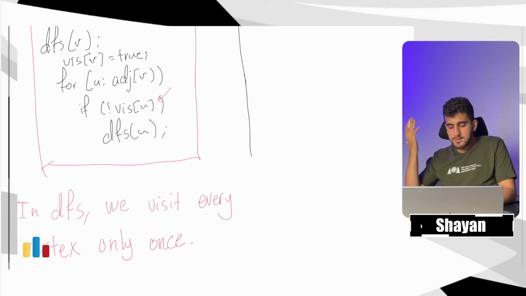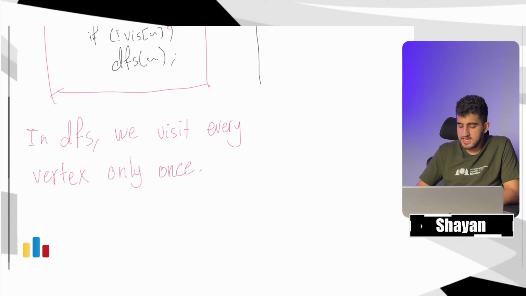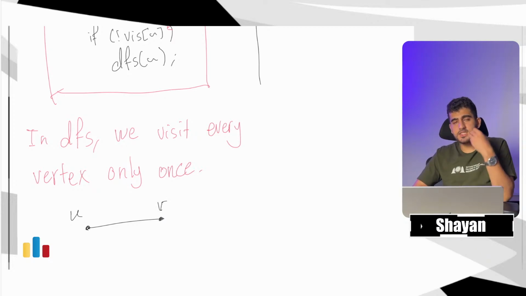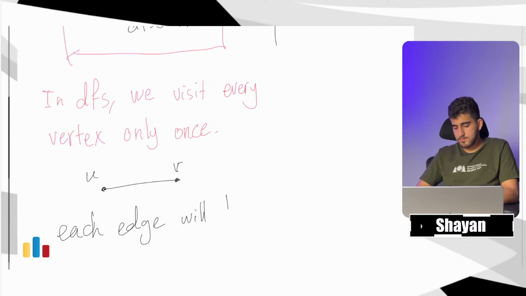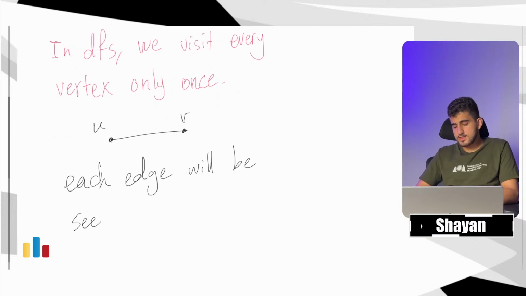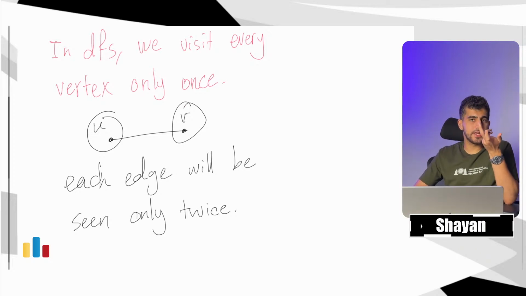And for the same reason, each edge is between two vertices like U and V. Each edge will be seen only twice, because we have DFS of U only once and DFS of V only once, and this edge belongs to these two vertices.